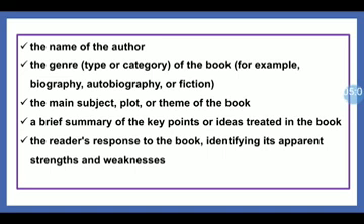When we state the genre or the type of book, so whether the book is an autobiography, a biography, a fictional book, you state it. Then you state the main subject, the plot, the theme of the book.